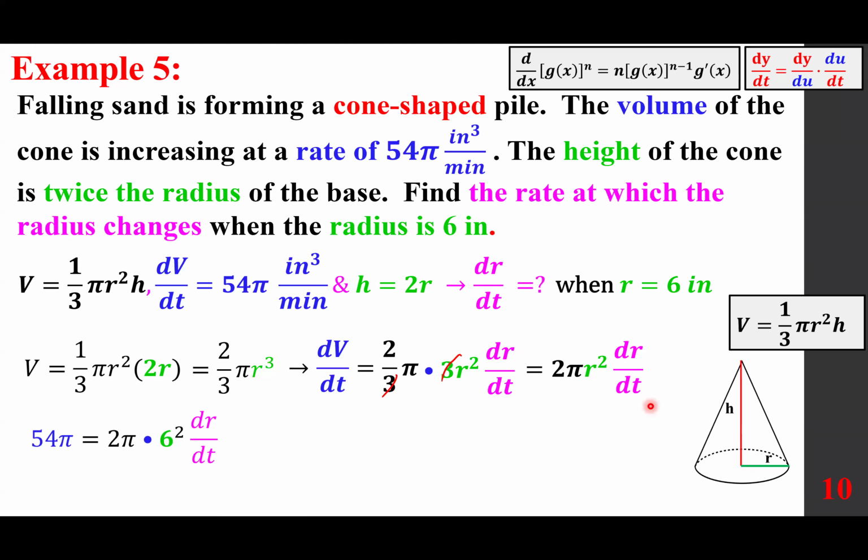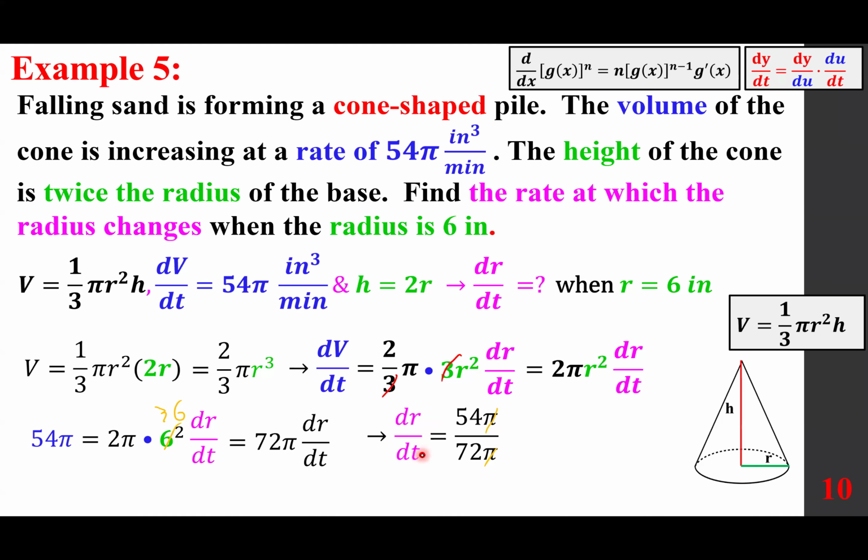Now, obviously, this is 36 times 2 is 72, so we have 72 pi. We're going to divide both sides by 72 pi. The pi's from the top and the bottom cancel out. 54 and 72 divisible by 18, we get 3/4 units of the radius, change in r, over units of the time, change in t.